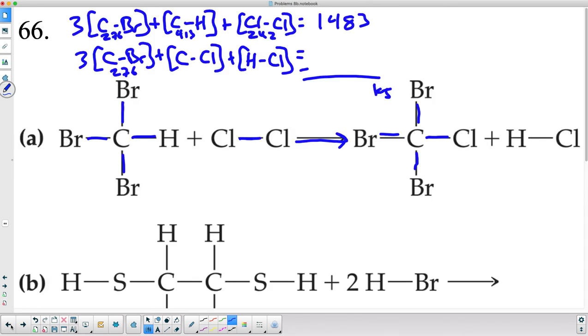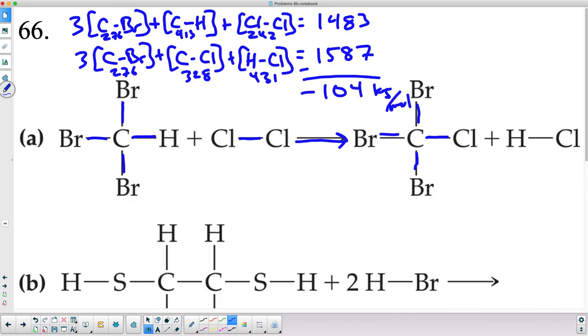So 3 times 276 equals 828, plus 328, plus 431 equals 1,587. I subtract the two of them, and I get negative 104 kilojoules per mole.